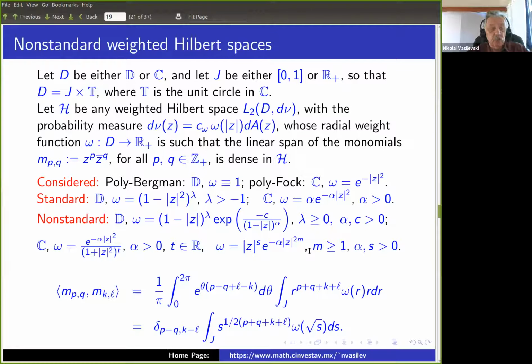Okay, we know that monomials are dense in H, and let us consider the scalar product of two different monomials.